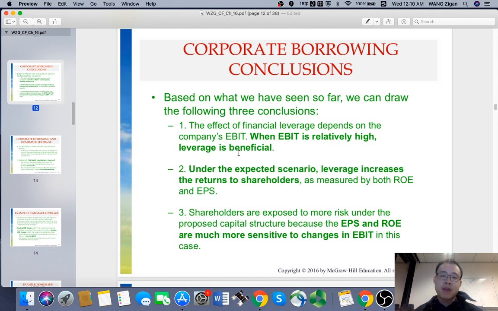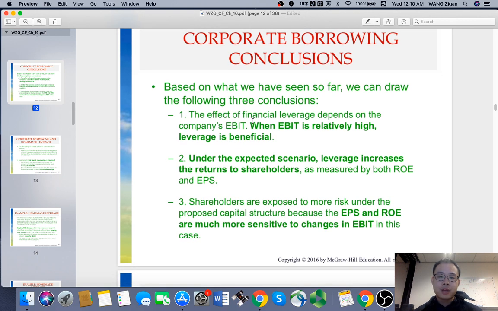So when you lose money, you lose a lot of money; when you profit, you also profit a lot. Under the expected scenario, leverage increases the return to the shareholders because your net profit is positive. If it's negative, then leverage makes your negative return even worse.